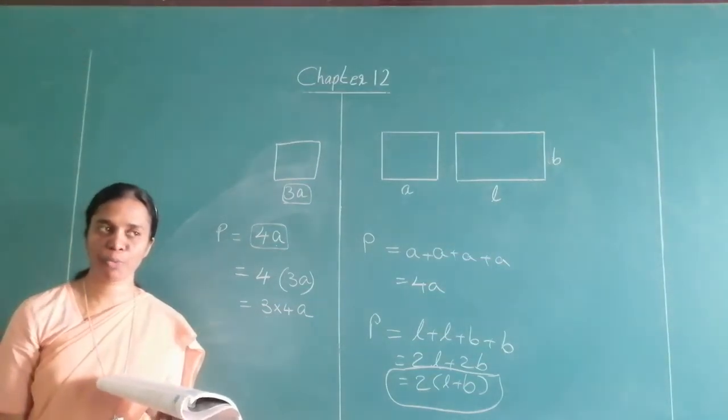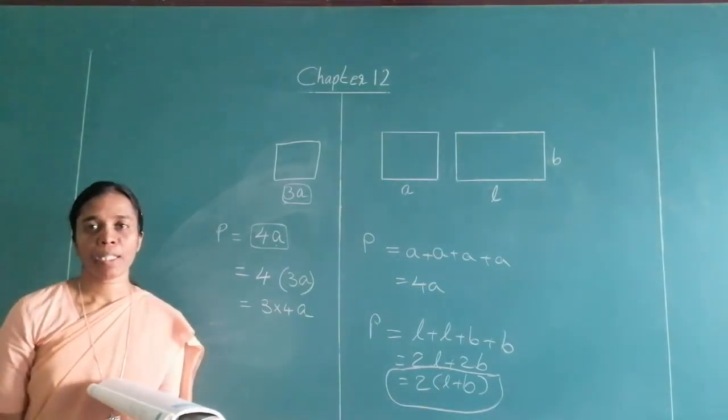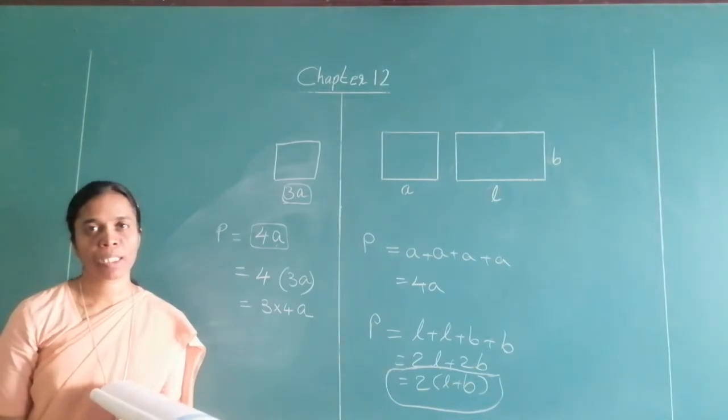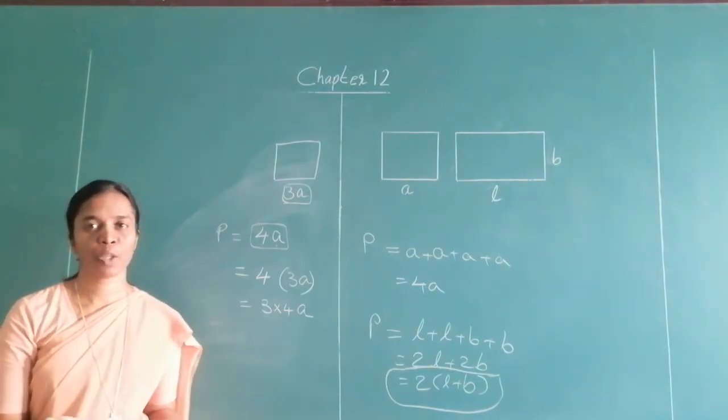I repeat, therefore, the perimeter of the square with triple length is 3 times more.